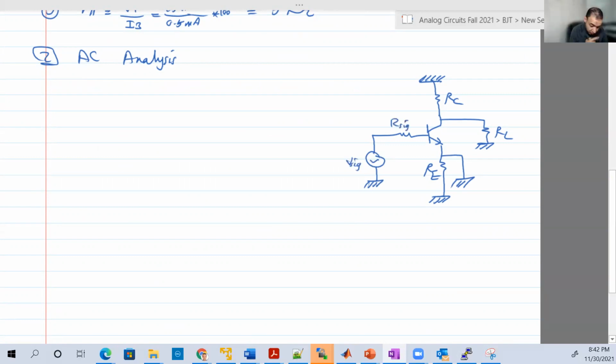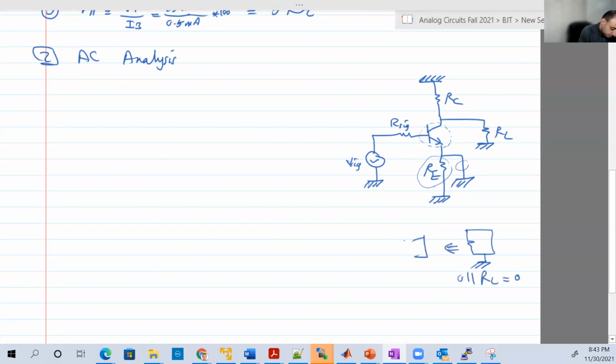That's it. Before we go and replace the transistor by its equivalent circuit, remember here RE is parallel with 0. So that short circuit will cancel RE. It's like this. So 0 parallel with any resistor is equal to 0.